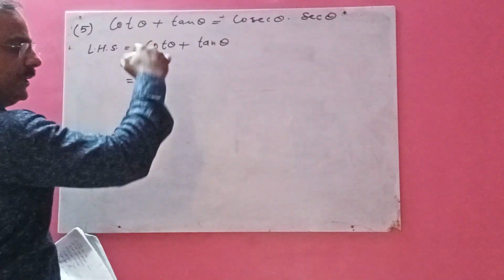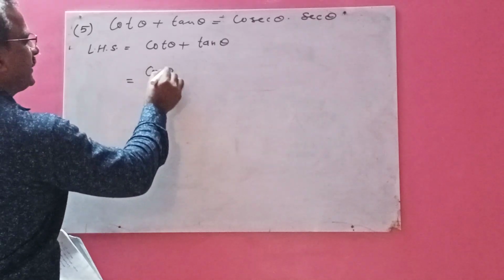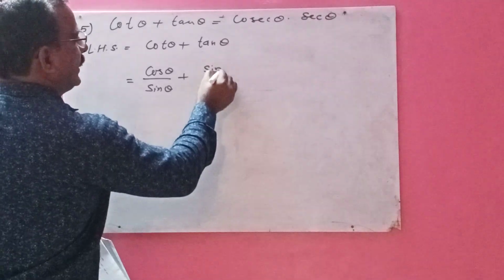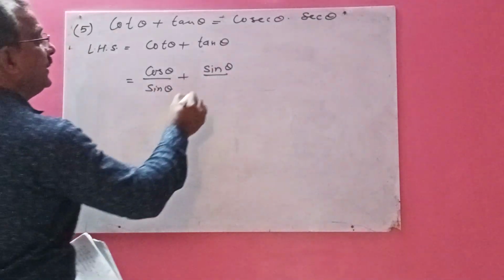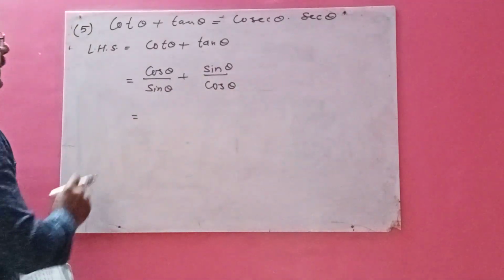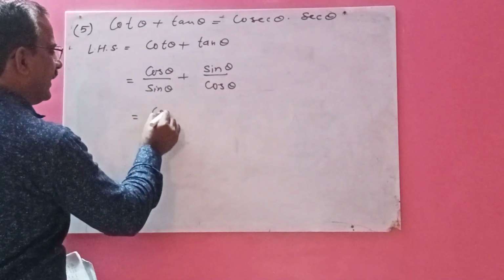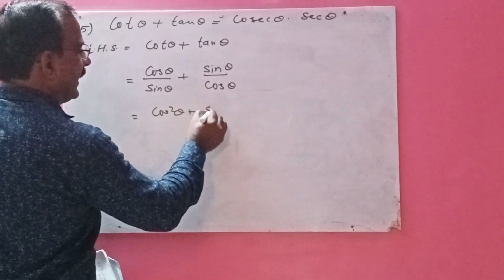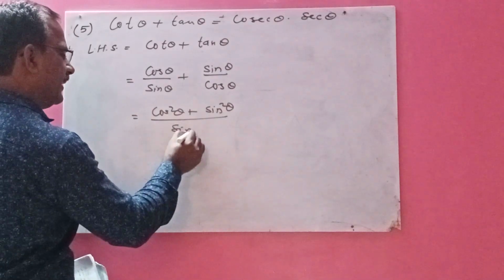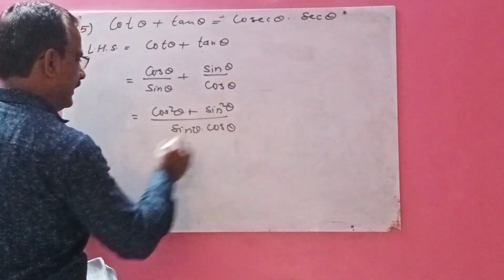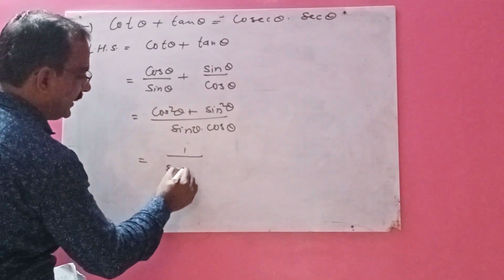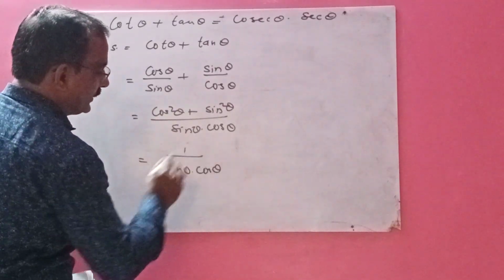Cot theta converted into sin and cos, so cos theta upon sin theta. Same thing here, convert tan in form of sin and cos, sin theta upon cos theta. This is cos into cos is cos square theta, sin into sin is sin square theta upon sin theta into cos theta. Sin square plus cos square is what? 1 upon sin theta into cos theta.